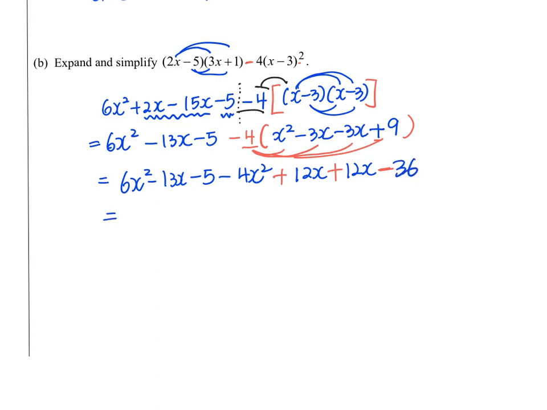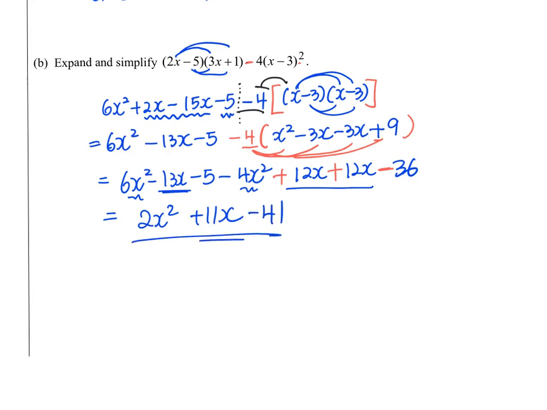Then we simplify this. 6x squared minus 4x squared, 2x squared. Negative 13x with plus 12x to give me negative x. Then minus 5 minus 36, negative 41. So this is the final answer. Have you gotten the answer?